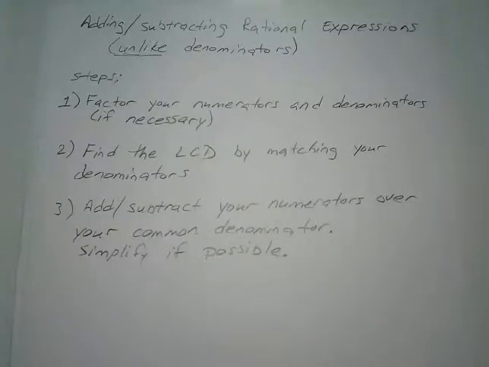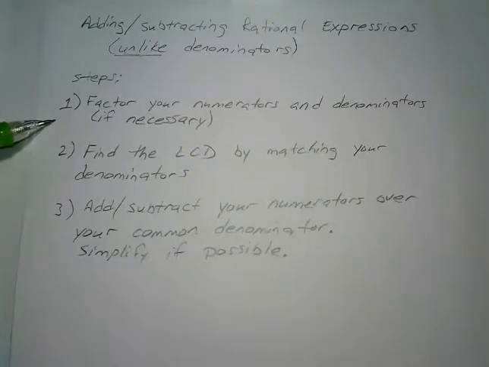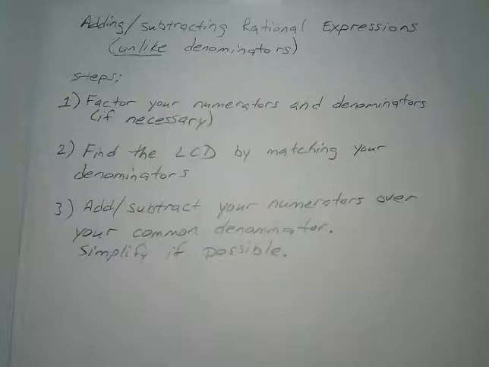Alright, so these are your steps for adding and subtracting with different denominators. Okay, so the first step, you want to factor your numerators and denominators if necessary. There are some times where you won't have to factor them. They're as factored as they're going to get. You can skip step 1 for those problems. Okay, your second step, you want to find the least common denominator by matching your denominators.